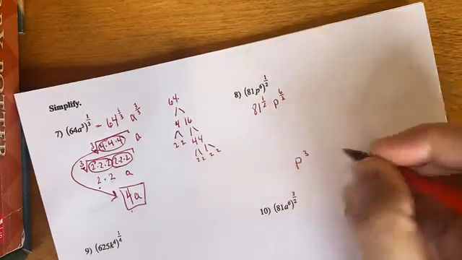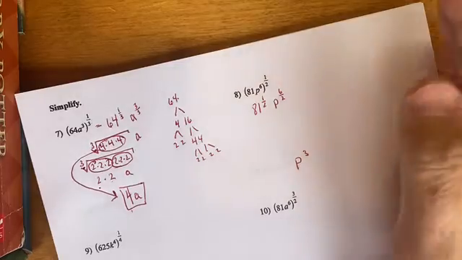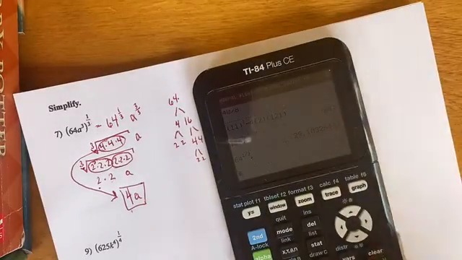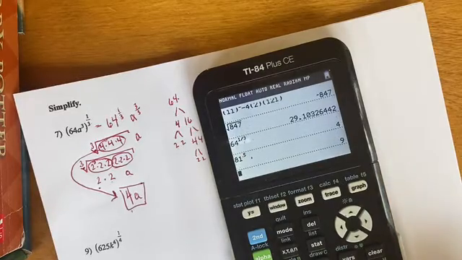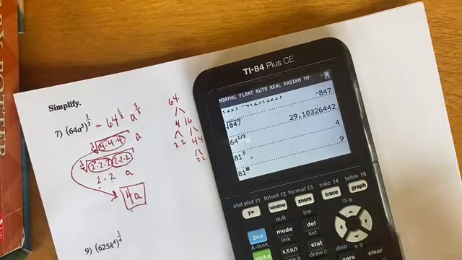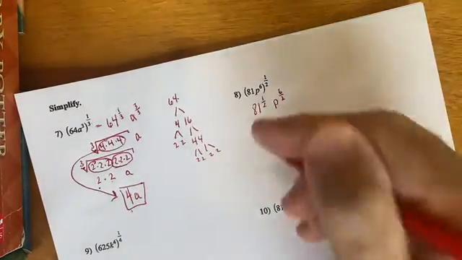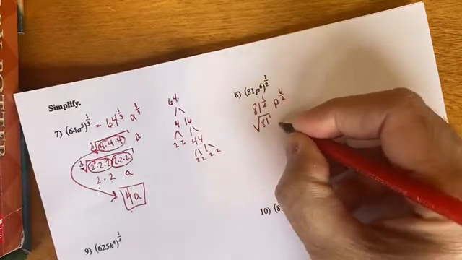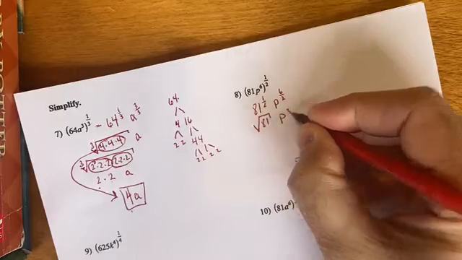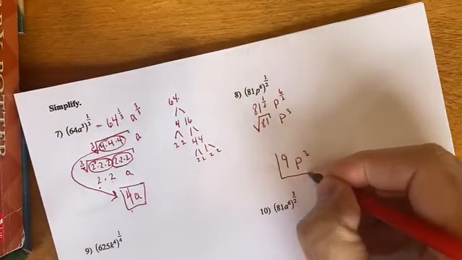That's p to the 3rd, right? 81 to the 1/2, you know, we can take our calculator to the 0.5 power, or 81 to the 1/2 power. Doesn't matter, it's 9, because the 1/2 power means the square root. And the square root of 81 is 9.